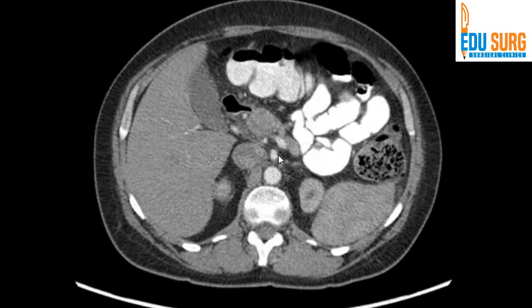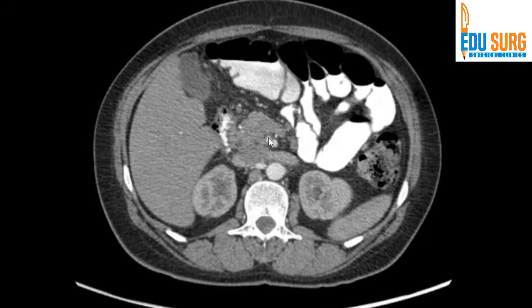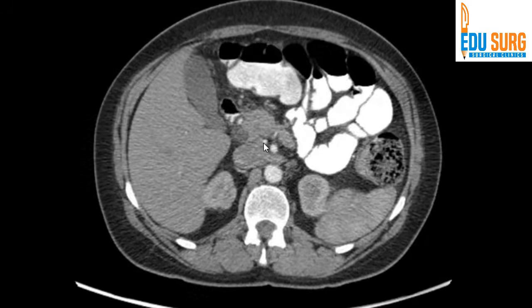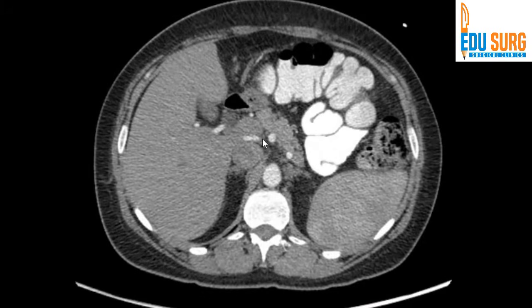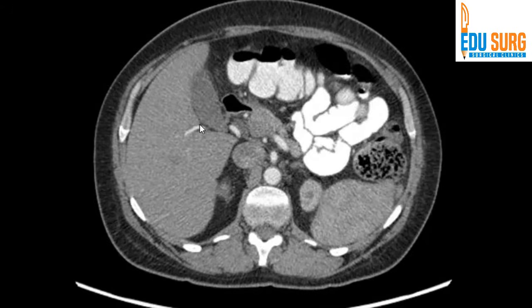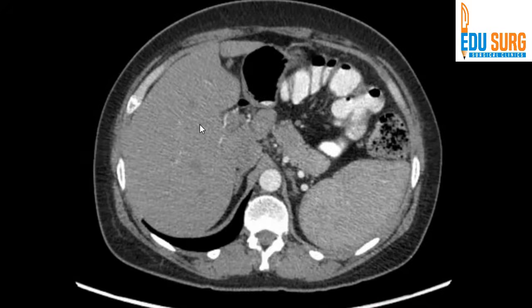and as you go down, this is the superior mesenteric artery, and you can see a vessel joining the superior mesenteric artery here. If you follow this vessel, you will see that it goes behind the portal vein and then enters the liver, right?